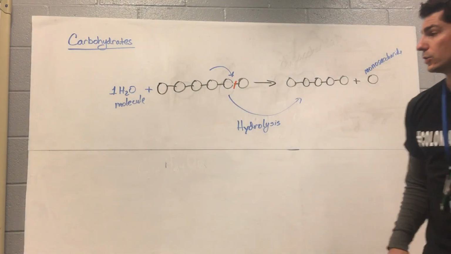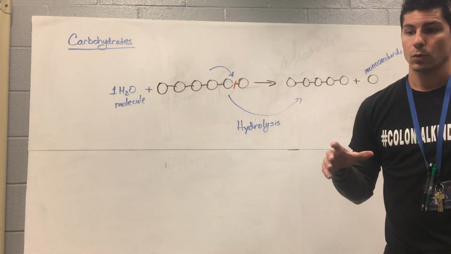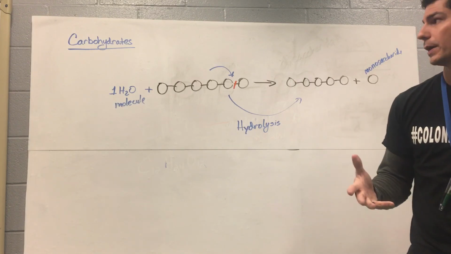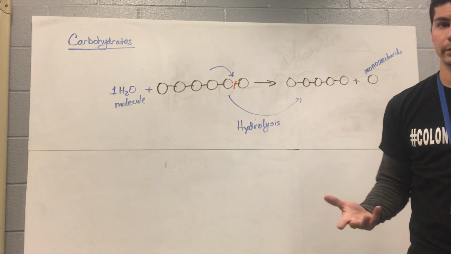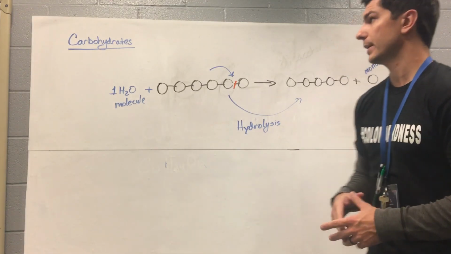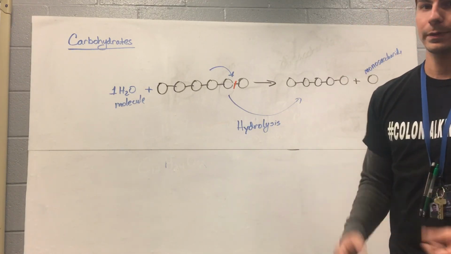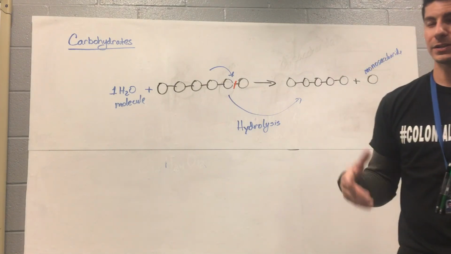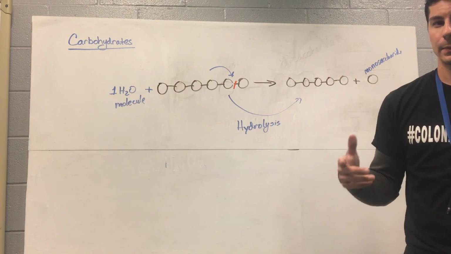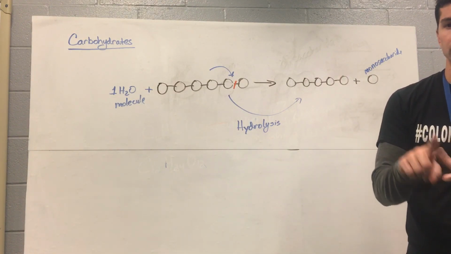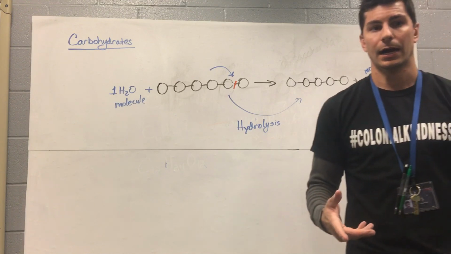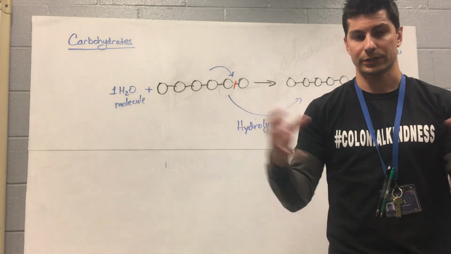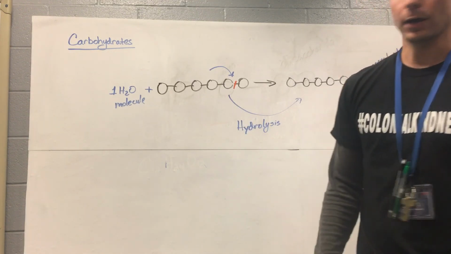And lastly, just know that whenever you are using a carbohydrate, it's going to be for short-term energy. I think this is all you need, guys. This is like the needs-to-know material for carbohydrates, especially too with the monosaccharides. Make sure you know the glucose, the fructose, the galactose, they're all the same, but they are isomers because the way they're put together is a little bit different. All right, hopefully this helped, guys.